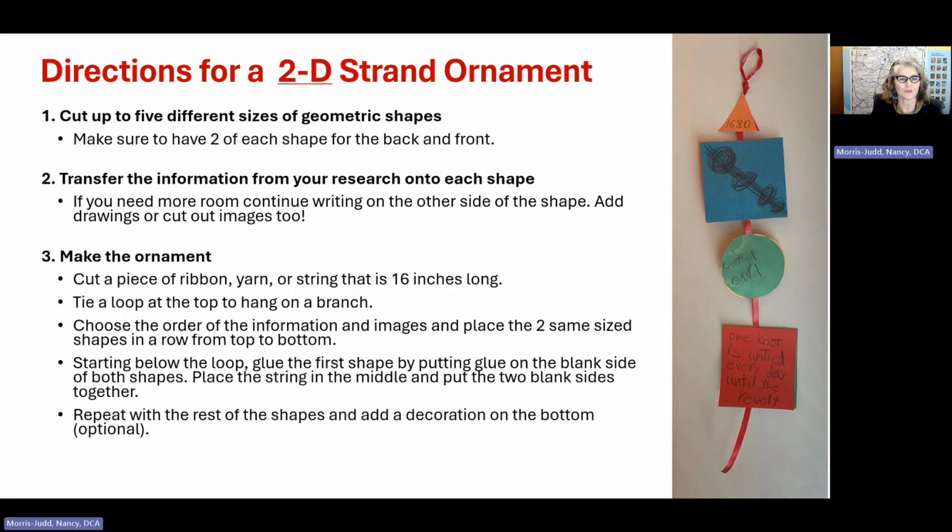Well, that's the yellow circle on the back of this one. Then they transfer their research onto the shapes and put glue on the back sides, take a long piece of ribbon, tie a loop at the top so it can hang from the tree, and then sandwich the ribbon between the 2 same size shapes.